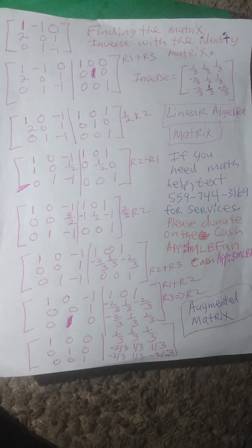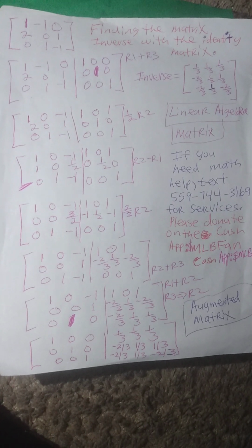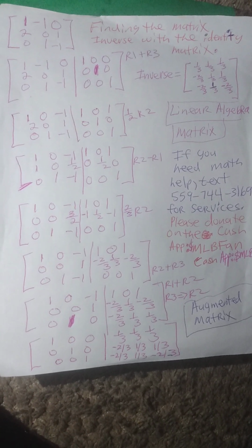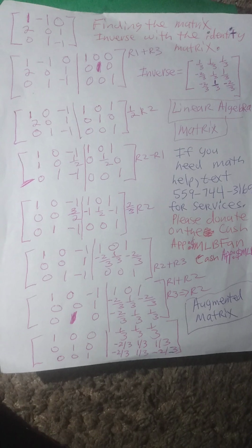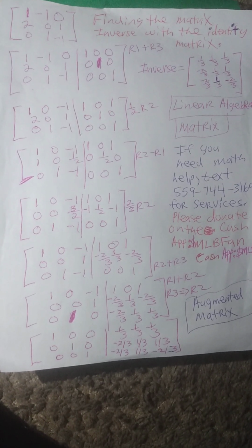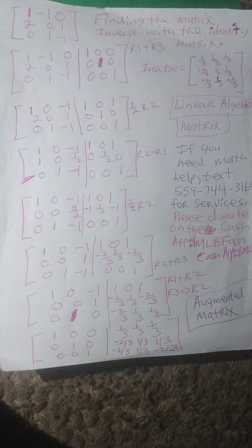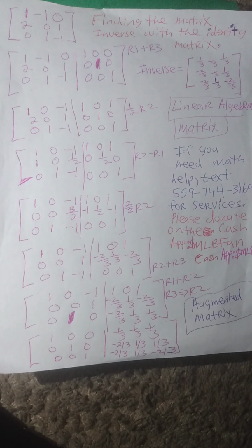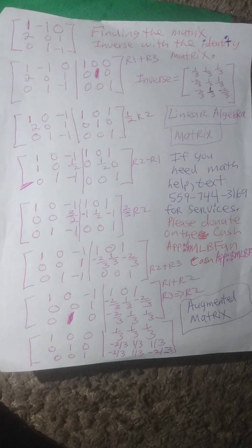So, the augmented matrix is now with rows of 1, negative 1, 0, 1, 0, 0, 2, 0, 1, 0, 1, 0, and 0, 1, negative 1, 0, 0, 1.